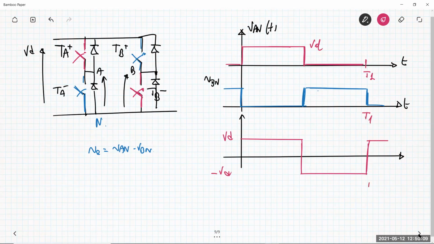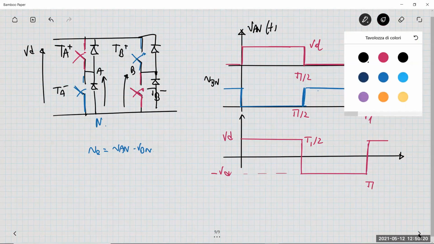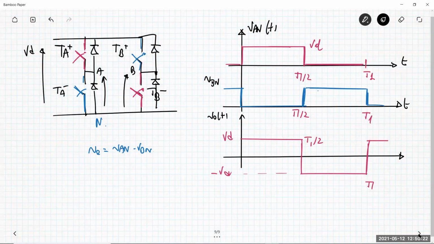This is T1, and this is T1 over 2, T1 over 2, T1 over 2. This is V naught. Okay, this is what is called square wave modulation.